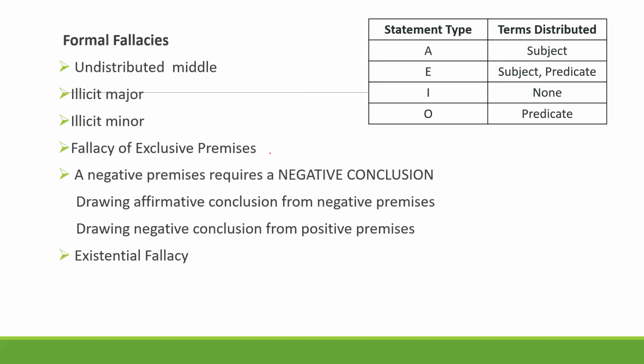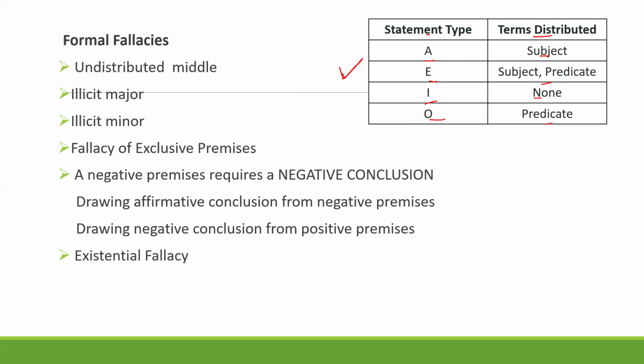Okay, now we are going to see the types of fallacies. Before starting the types of formal fallacy, again I'll tell you what we have to remember, because this is what we are going to work with throughout. So statement type, terms distributed. A means subject distributed, E means subject and predicate distributed, I means nothing is distributed, and O means predicate distributed.